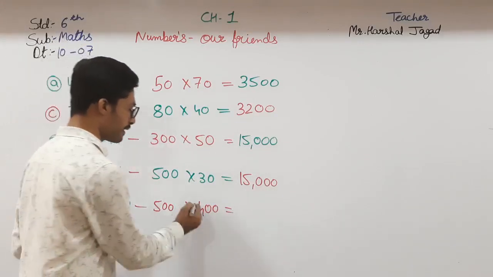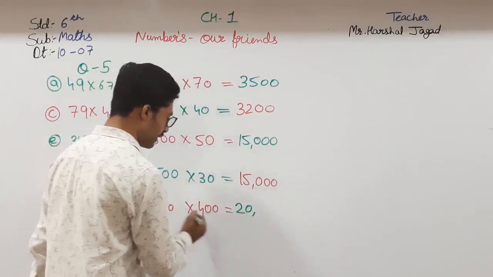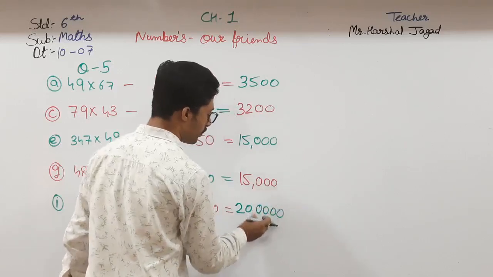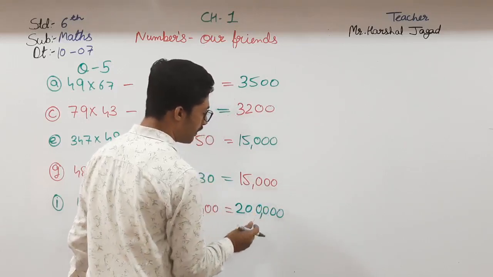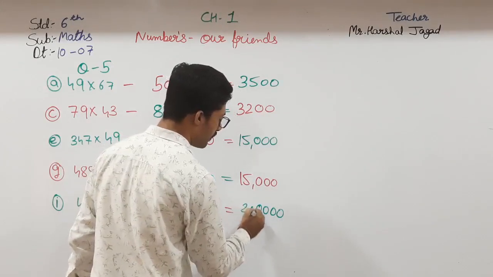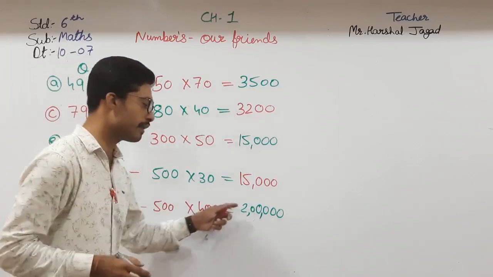So 4 5s are 20, and then these 4 zeros. So your answer will be 2 lakh. Okay, your answer will be 2 lakh.